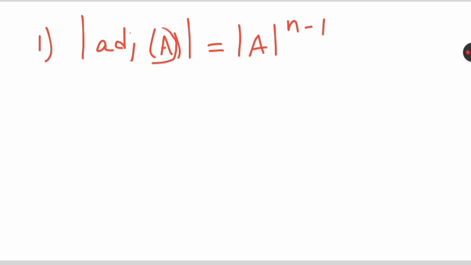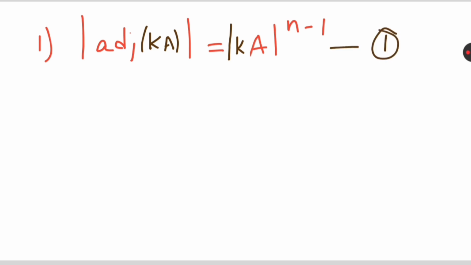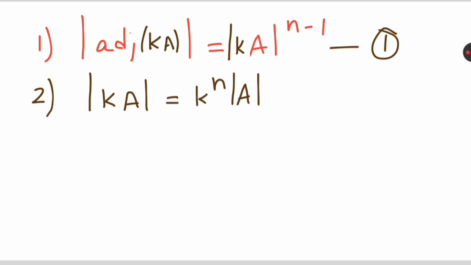Instead of A, if we have kA, on the right hand side we also write determinant of kA whole raised to the power of n minus 1. This is the first formula. The second important formula is determinant of kA equals k raised to the power of n times determinant of A. Here n is nothing but the order of the given matrix. So we are going to use these two formulas frequently.